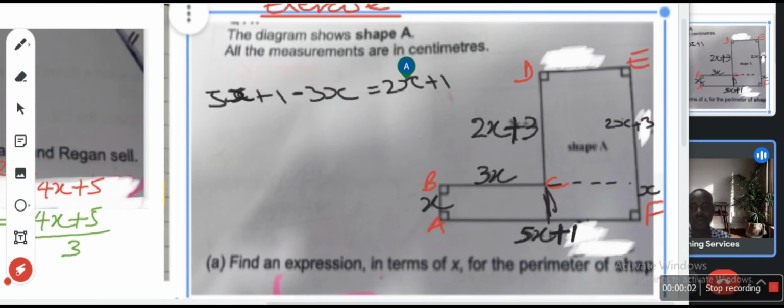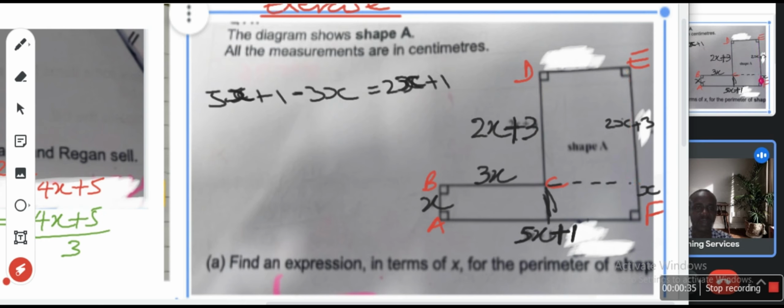Okay, so this is what you've done already. I hope you can hear me. Now, I need you to notice something. I'm happy that you were able to figure out that D to this particular point is 2x plus 3, because it's the same length as D to C. So here to here is 2x plus 3, and here is x.